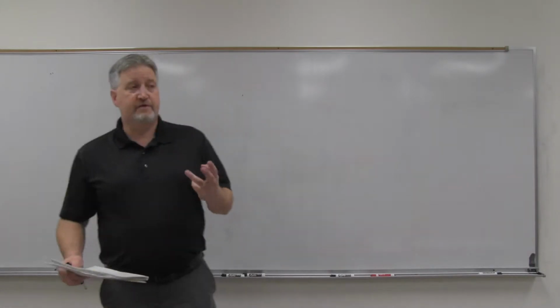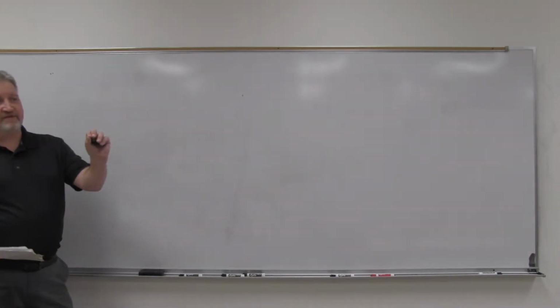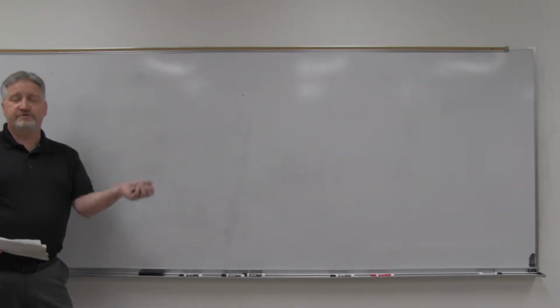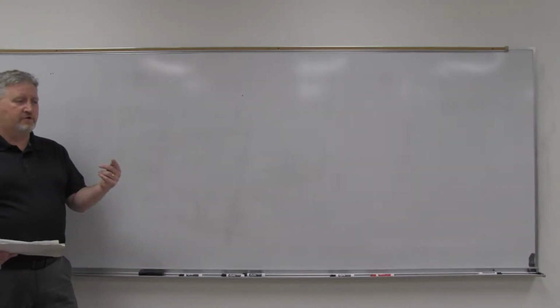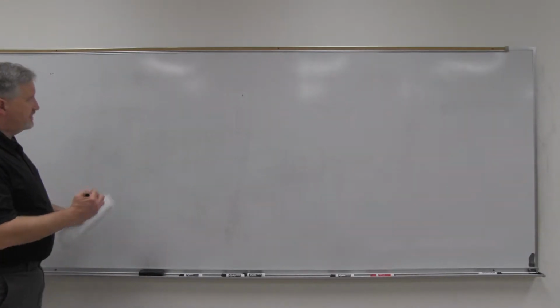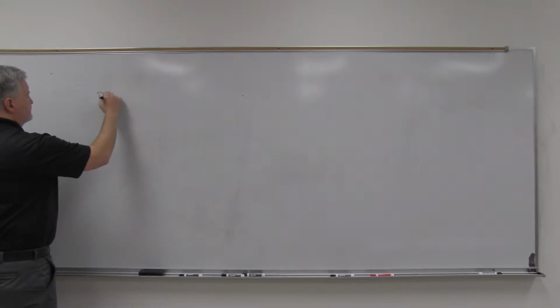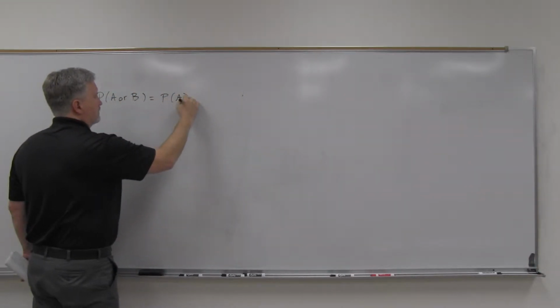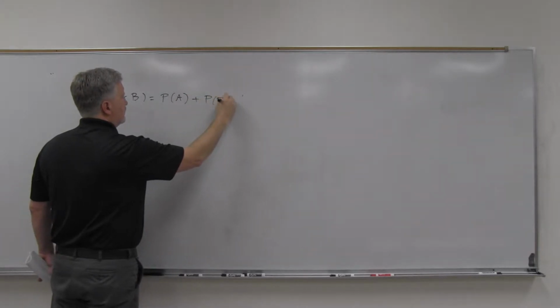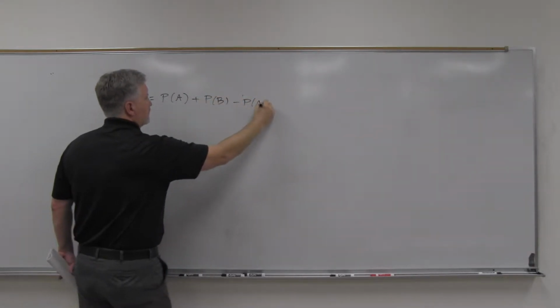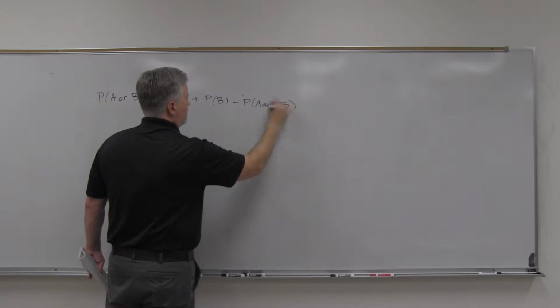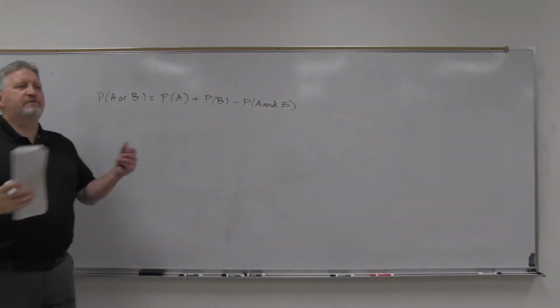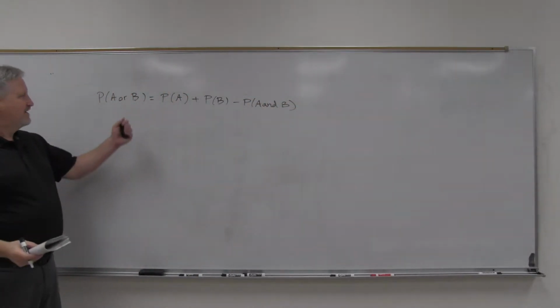This can also be used not only to find those OR probabilities, but you can also use it to find other probabilities if you know the other three. So let me rewrite the formula here. The ones we worked out so far, we've had these three.